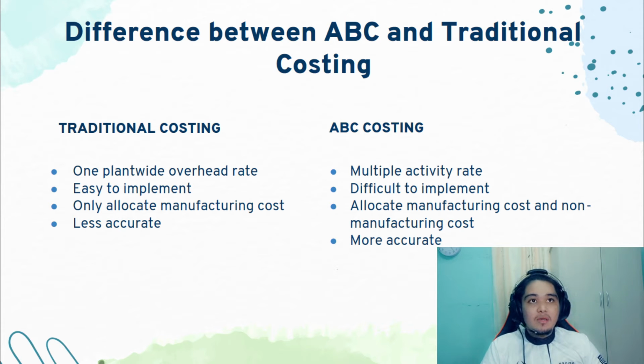For example, for the activity electric power, the cost driver is kilowatt per hour. For material handling, the cost driver is the move of material, which means that's more significant.